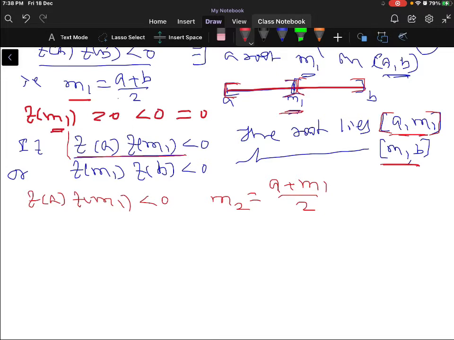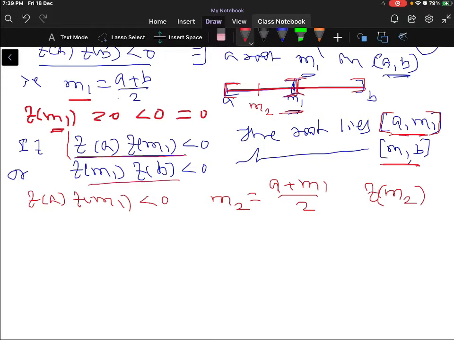So you bisect the interval a comma m1 and get m2, the midpoint of the interval a comma m1. Then we find f of m2.